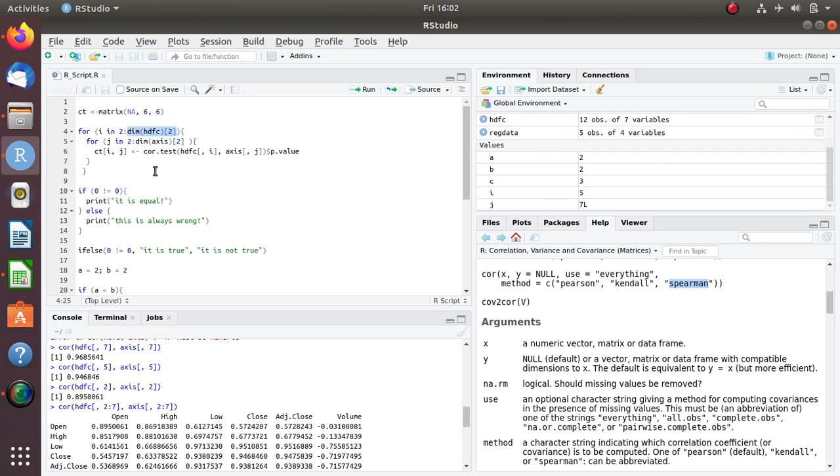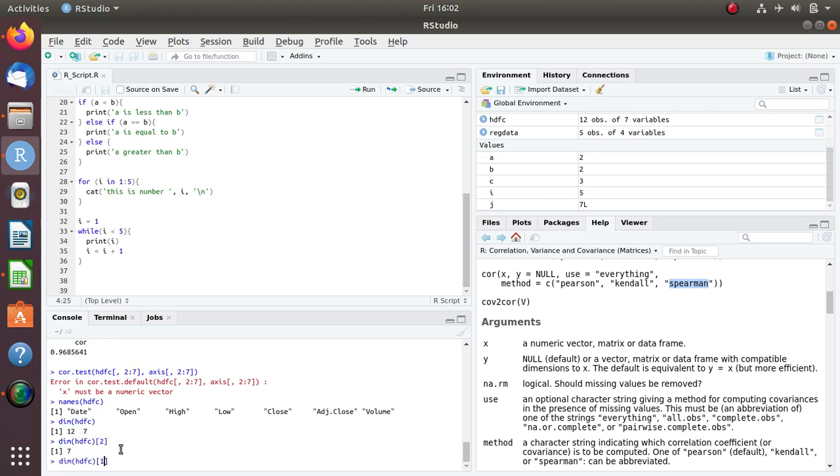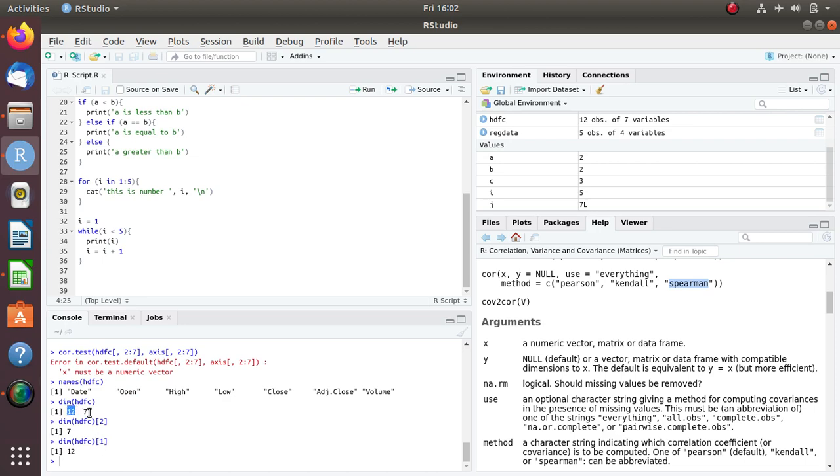Let me show you that. The second dimension, dim of HDFC, 2, returns 7. If I use 1, that is going to be 12, the first value. We need the second value.